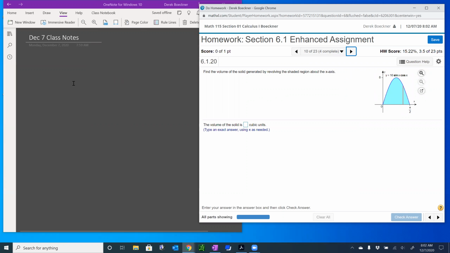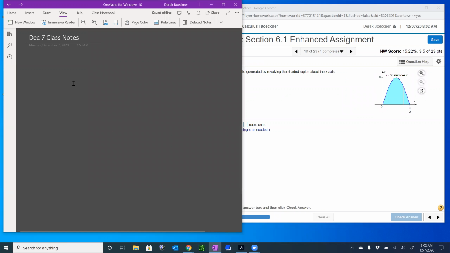Okay, so we've got this shape. First thing I'm going to do is recognize that sine times cosine times 2 is 2 sine of 2 theta.